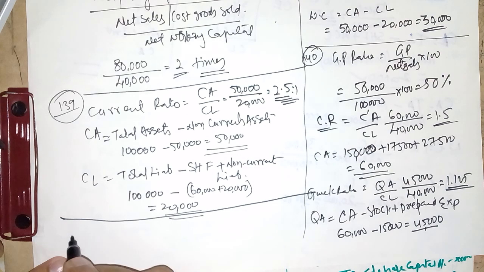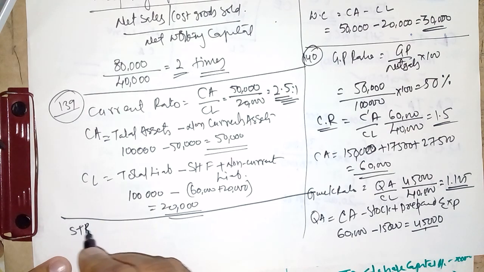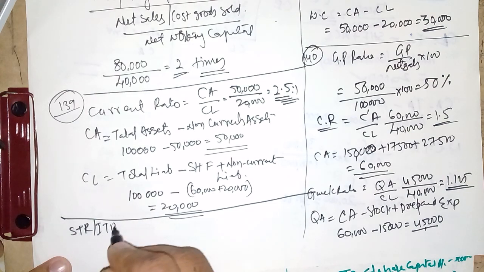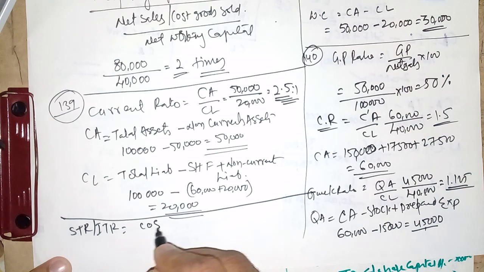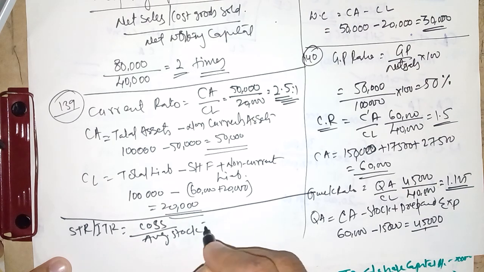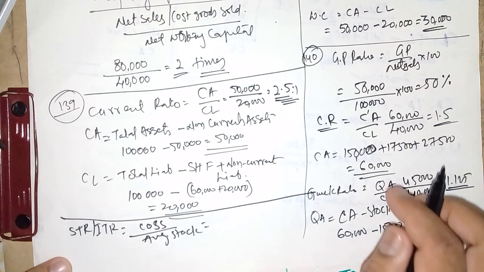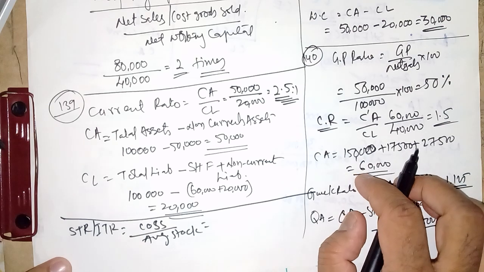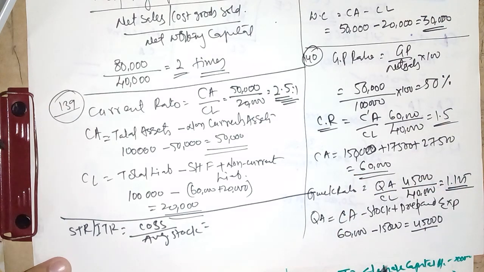Inventory turnover ratio. Stock turnover ratio or inventory turnover ratio formula: COGS divided by average stock. So cost of goods sold, how to calculate cost of goods sold in this question?